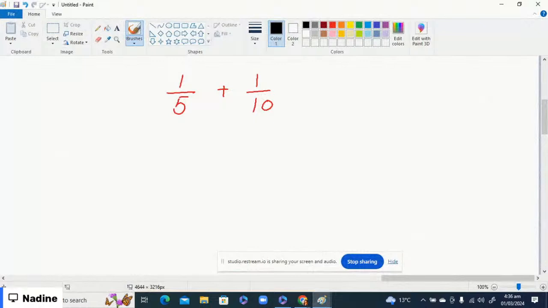So which one are we going to take as the common? This 10. Put it here. 1 by 5, multiply and divide with the numbers so that it becomes 1 by 10.